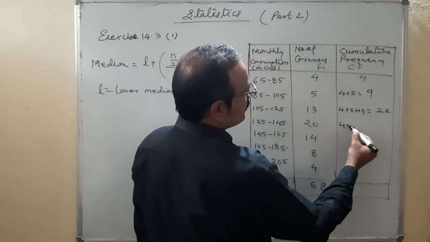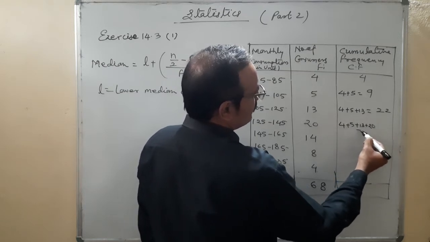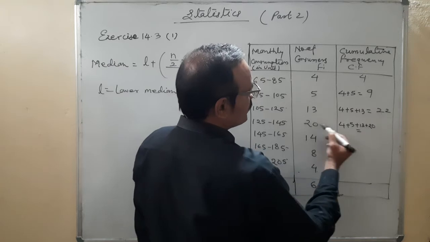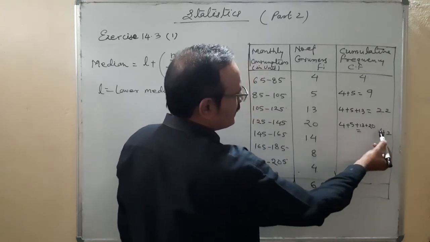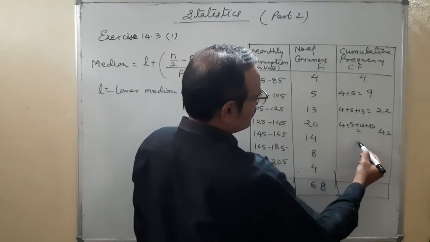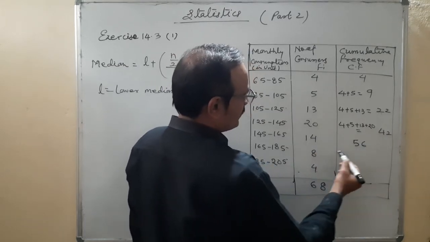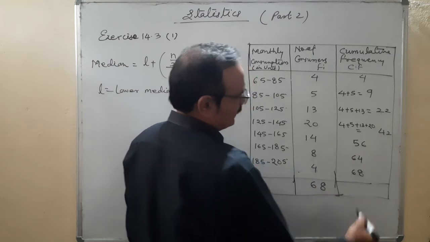After that, 4 plus 5 plus 13 plus 20, that means 22 plus 20, it is 42. And next one, 42 plus 14, it is 56. 56 plus 8, it is 64. And 64 plus 4, it is 68.